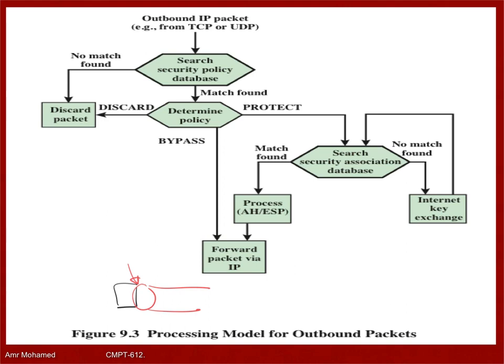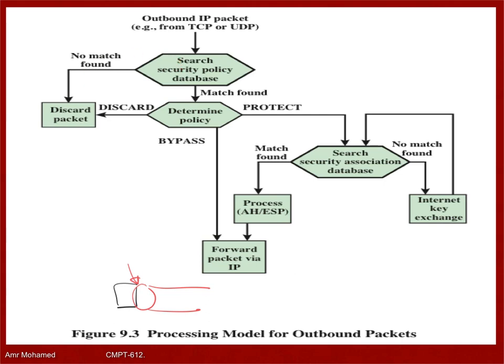So what is the logic? The first thing, this algorithm is very important: we have to search the security policy database. We have to consult first and foremost the security policy database to know what kind of policy applies to this traffic. If there is no match, then we discard, as I said.